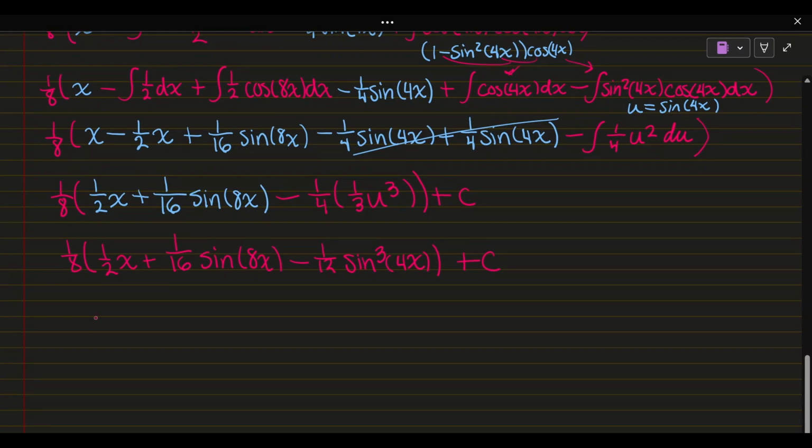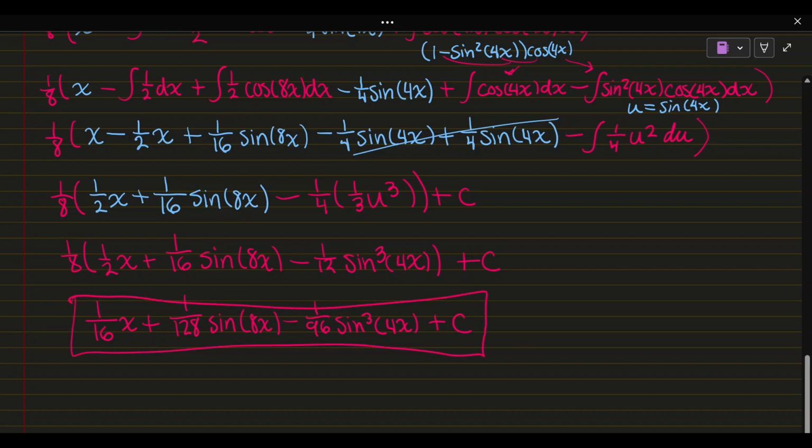So wrapping this up, my final answer is 1/16 x plus 1/16 times 8, 128, sine of 8x minus 8 times 12 is 96. So I have 1/96 sine cubed of 4x plus c.